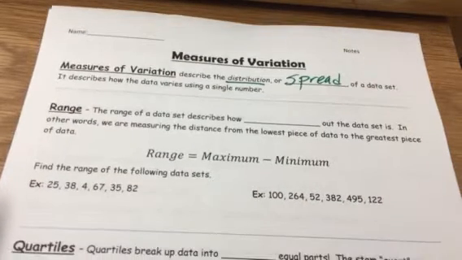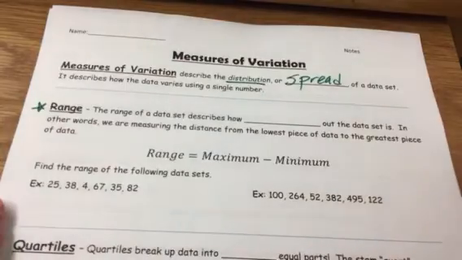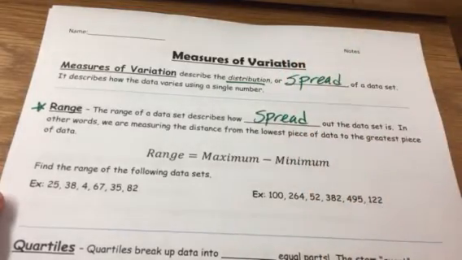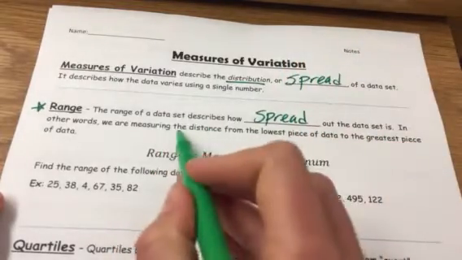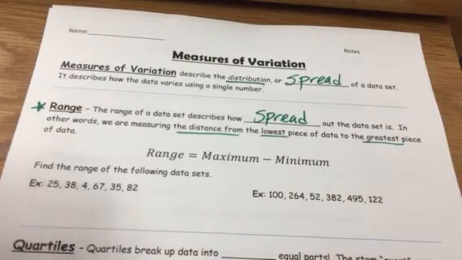So we have a couple of different terms that describe the spread of our data, and the most popular one is what we call the range. The range of the data describes how spread out the data is. What we're really measuring is the distance from the lowest piece of data to the greatest piece of data.